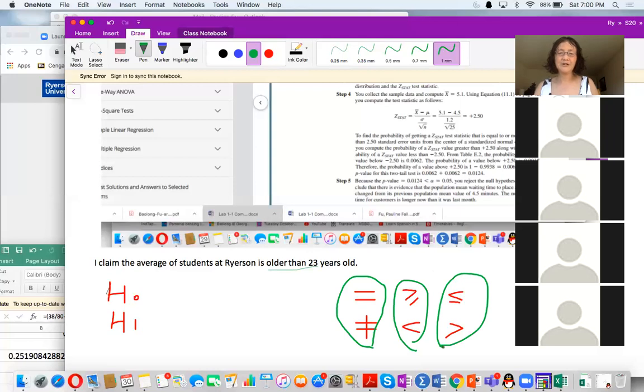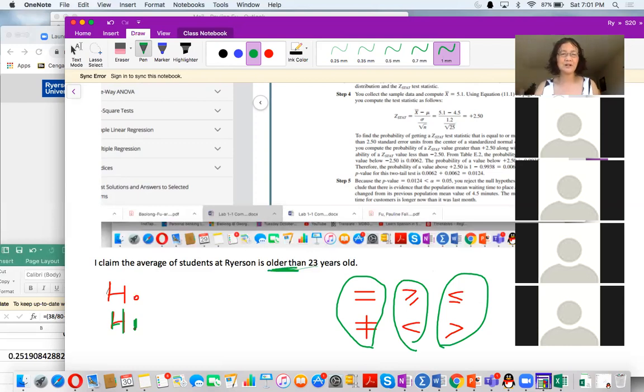Usually it is this combination, and the keyword always applies to H1. Our calculator, when you do a hypothesis test, is always based on H1. When you select greater or equal, it is based on H1, not H0.